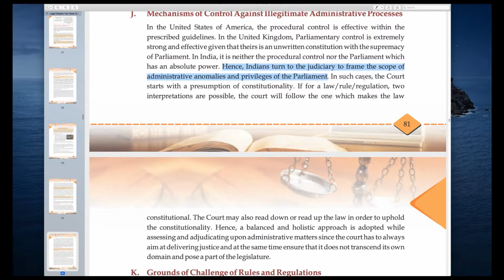So in such a case, what happens is that the judiciary comes into the picture, right? So the judiciary's role starts from here, and if there are any anomalies, any discrepancy or any confusion or anything of such type, then the judiciary or the Supreme Court comes into the picture and decides.